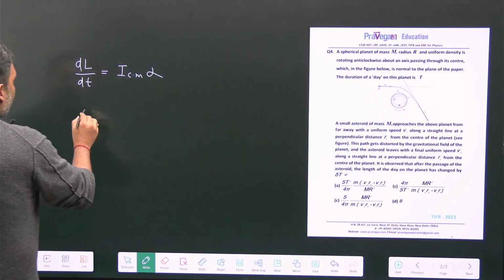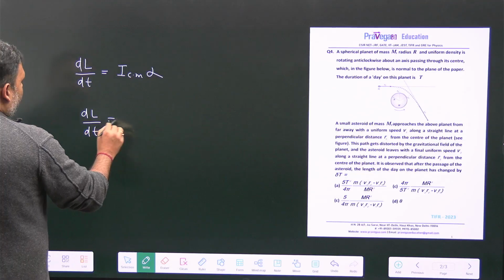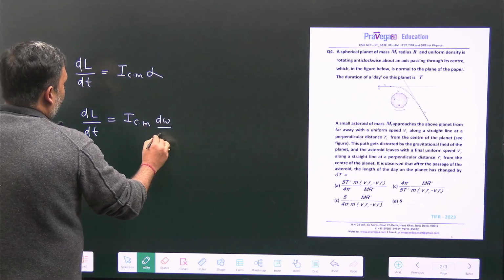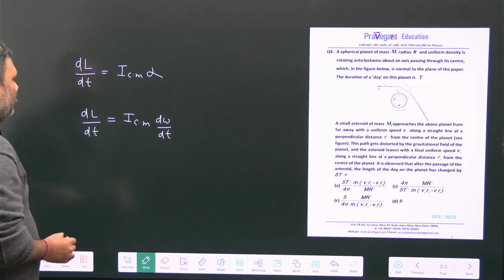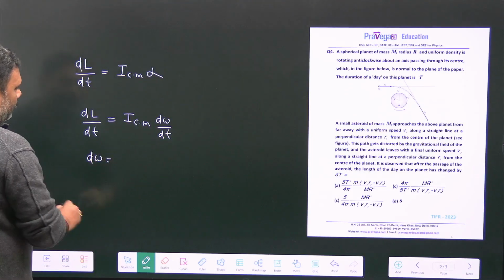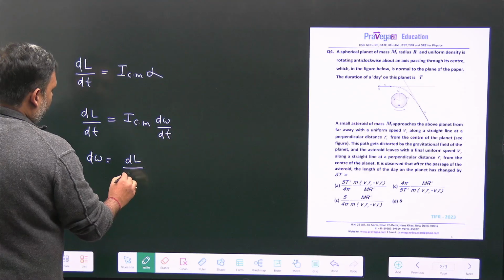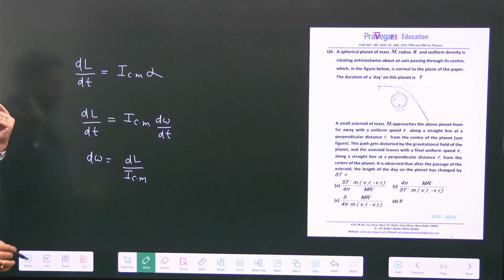And alpha is nothing but the rate of change of angular velocity, so that is equal to I_CM d omega/dt. When we compare these two things, we can easily write d omega is equal to dL upon I_CM. Now, this is our answer.